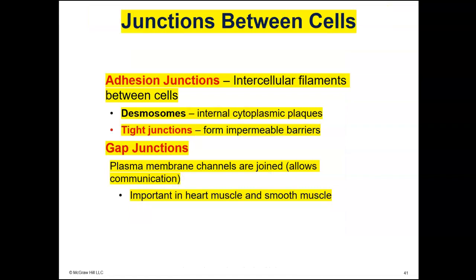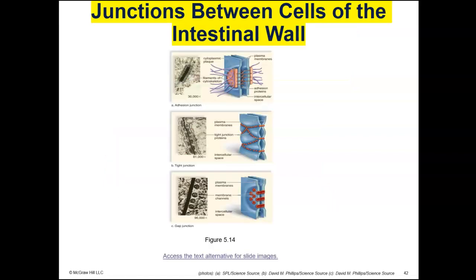We have junctions between cells. There are junctions called adhesion junctions that are very strong connections that connect cells to other cells and form tissues. And then there are gap junctions that have channels between them, so that even though they connect cells to each other, they also allow for the transport of ions.